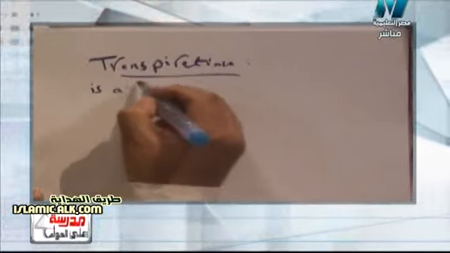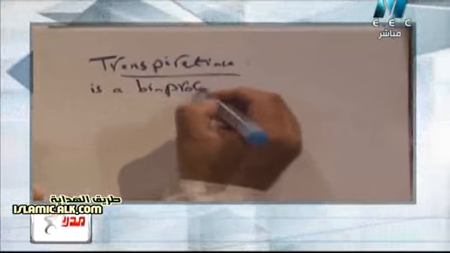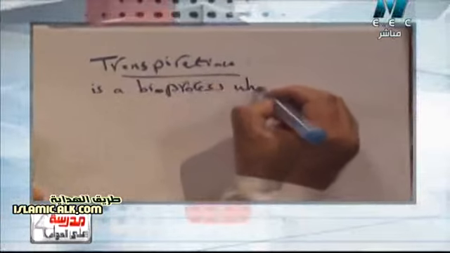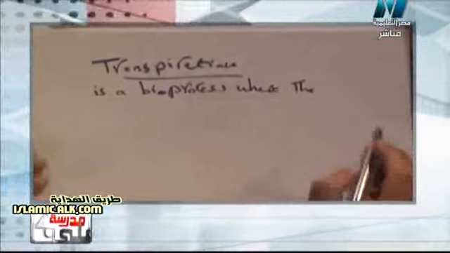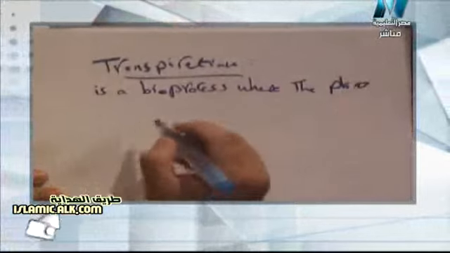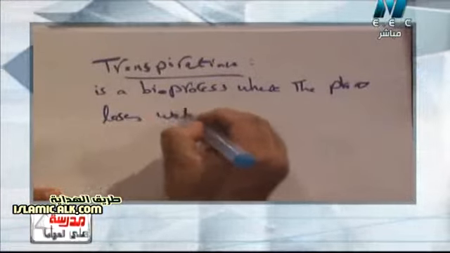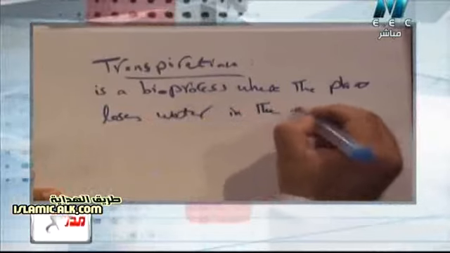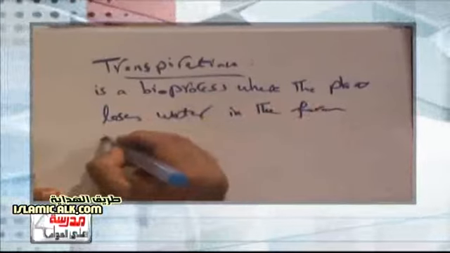So let me write this definition. Transpiration process is a very important definition, let's try it ourselves. Transpiration process is a bioprocess where the plant loses water in the form of water vapor to the surrounding area to get rid of excess water.